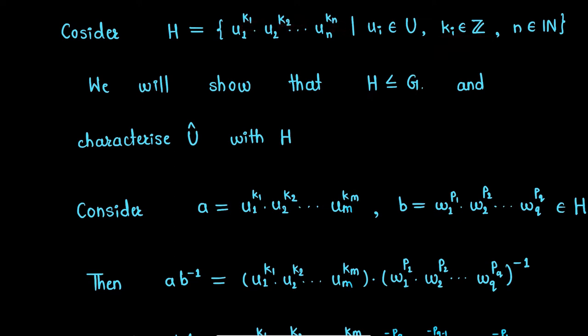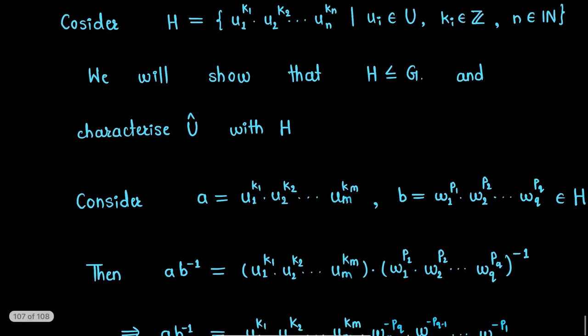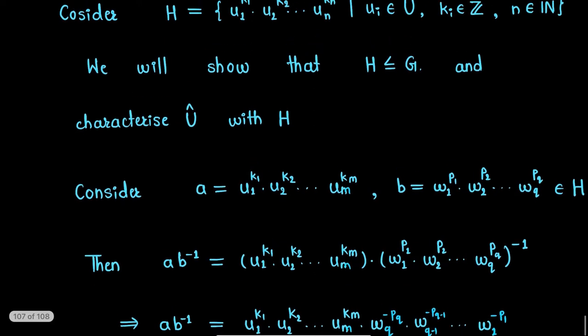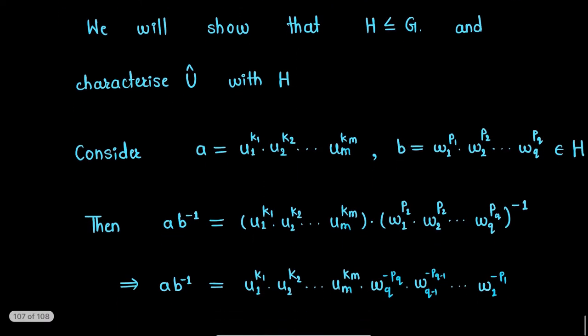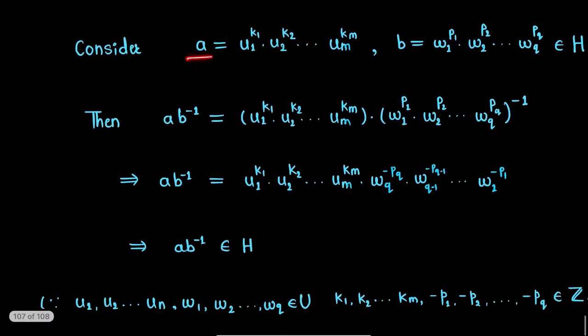Now we will show that H is a subgroup of group G, and we will characterize U cap with this subgroup H. So to show H is a subgroup of G, consider any two elements, say A and B, in H. Then A will be equal to U1 to the power K1, U2 to the power K2, up to Um to the power Km, and B will be equal to W1 to the power P1, W2 to the power P2, up to Wq to the power Pq.